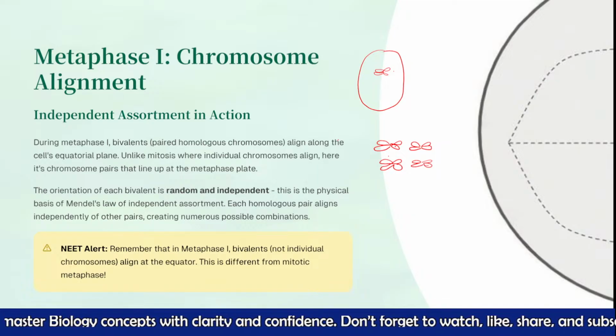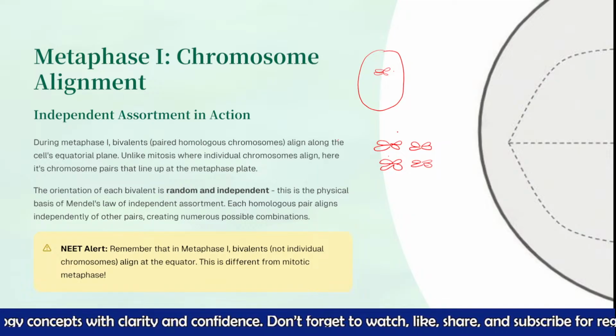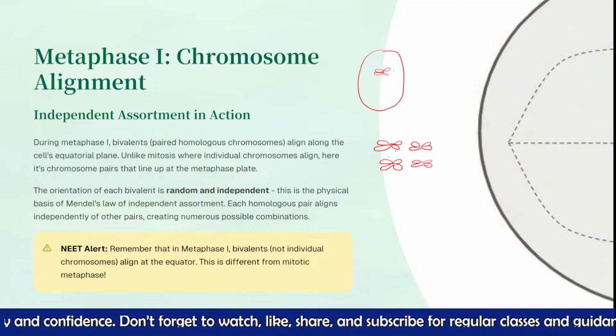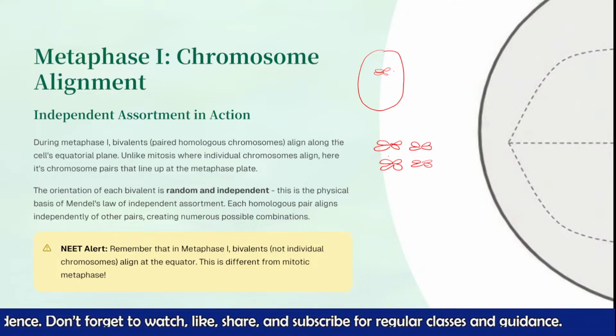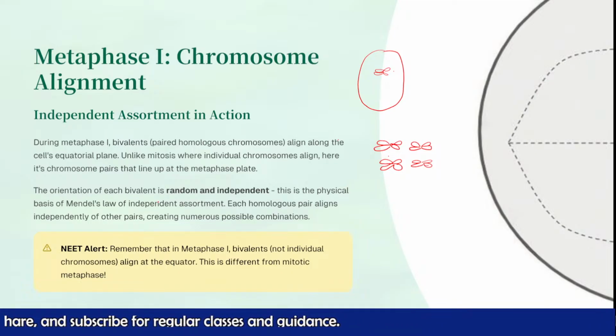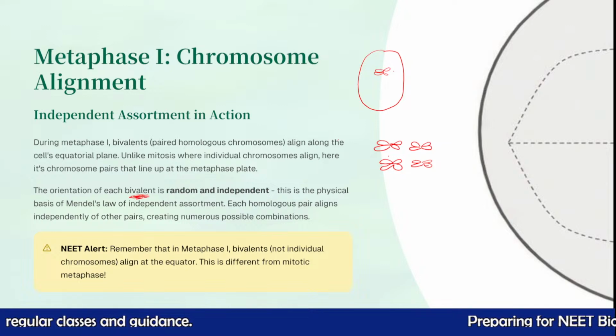So these aligned chromosomes at the equator are called the metaphase plate. The metaphase plate is formed here in metaphase 1. The orientation of the bivalent, what is that bivalent?